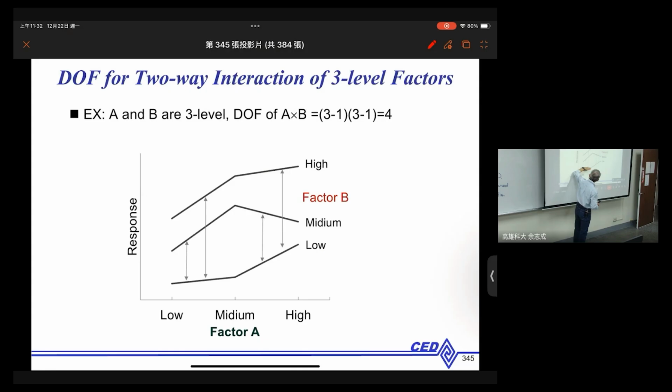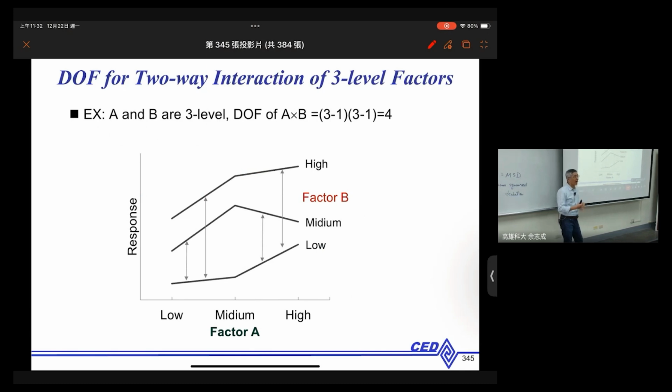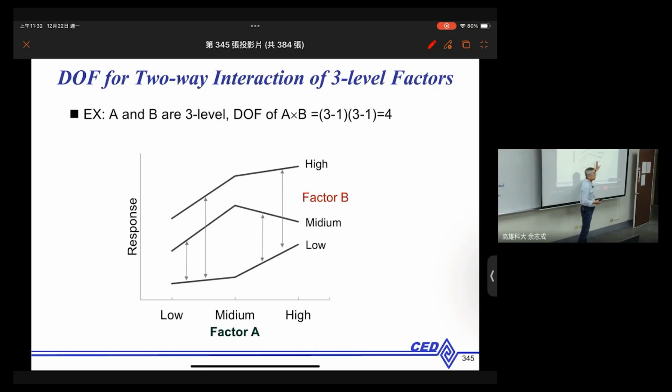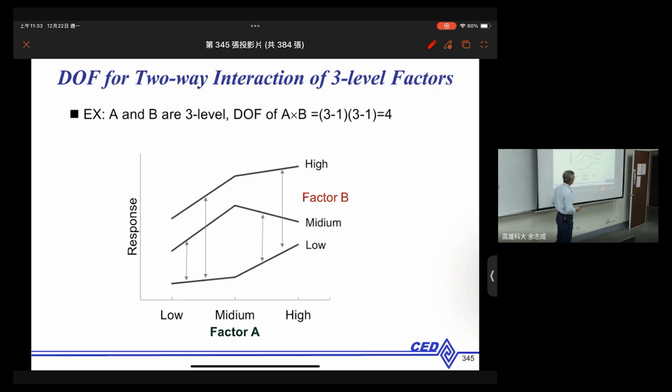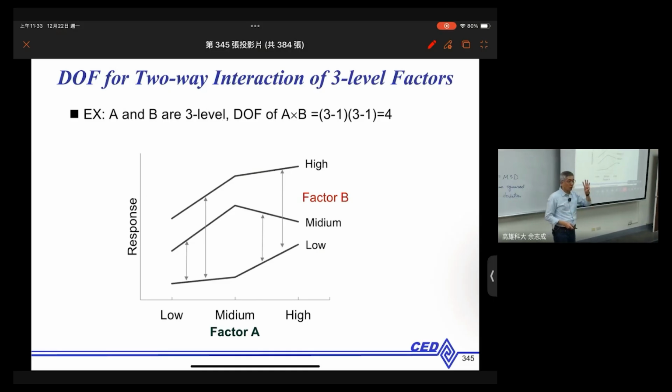And then we can know whether these 3 line segments are parallel or not, or how strong the interaction will be on the left part. Similarly, on the right part, we have another 2 comparisons. Therefore, there will be a total of 4 comparisons to determine how strong the interaction will be in 3-level control factors.